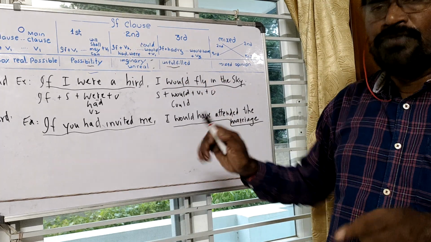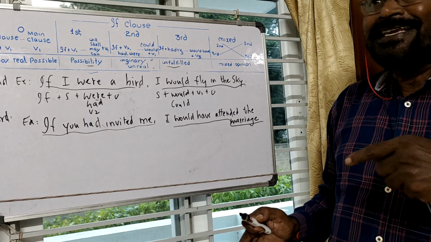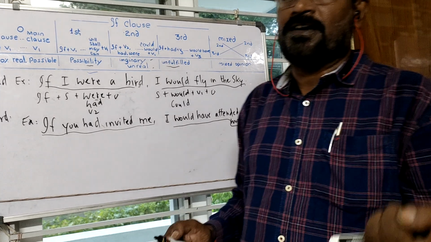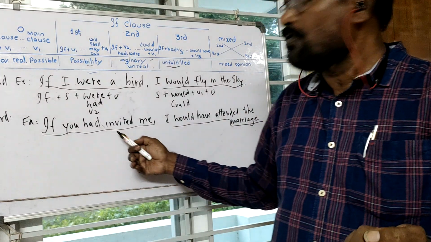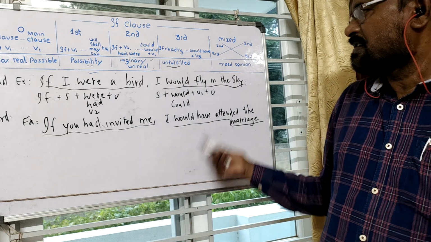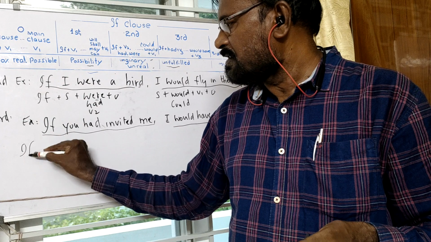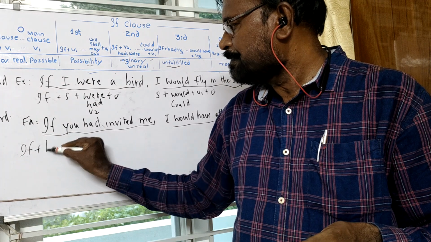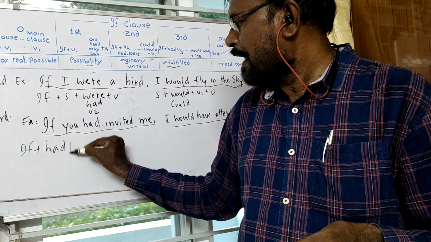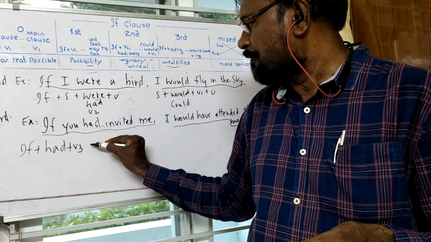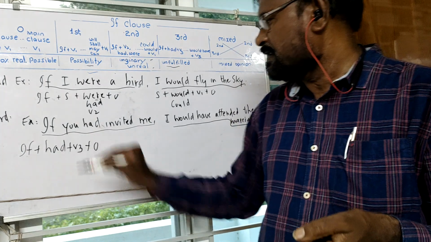In the past, we are talking here about the incomplete things of the past. So there is no possibility of occurring this. And see the structure of this. Subject plus had plus V3, past perfect, plus object.